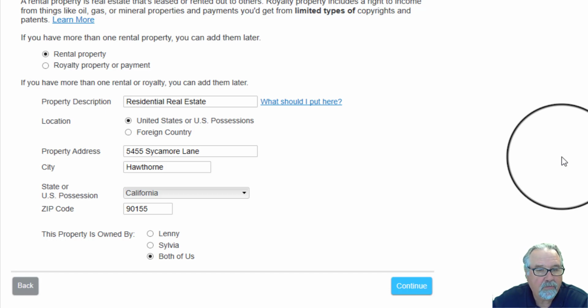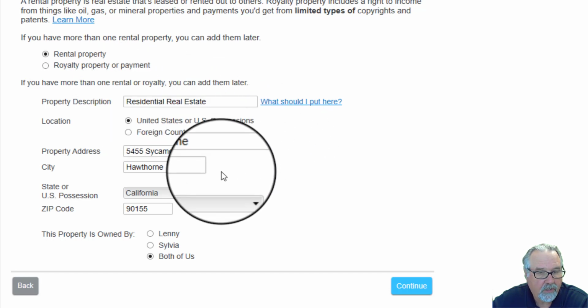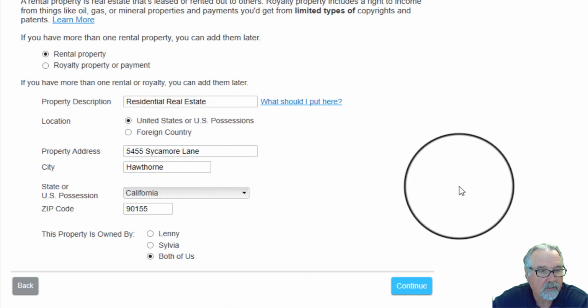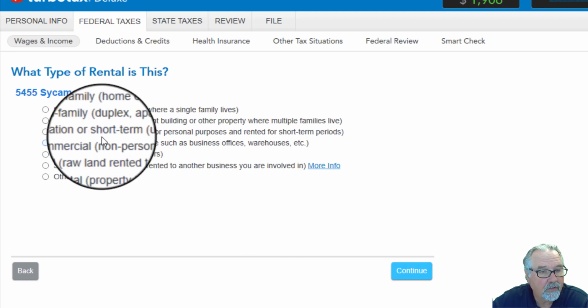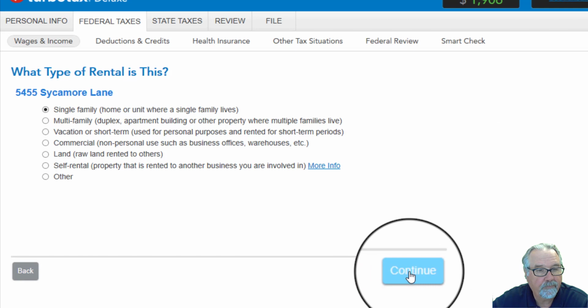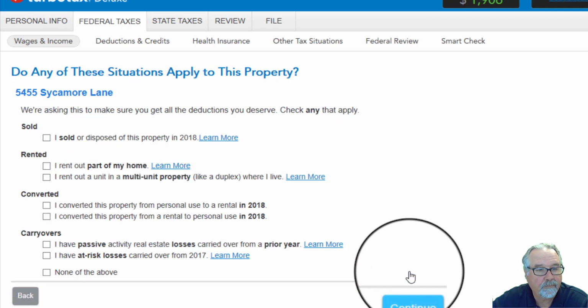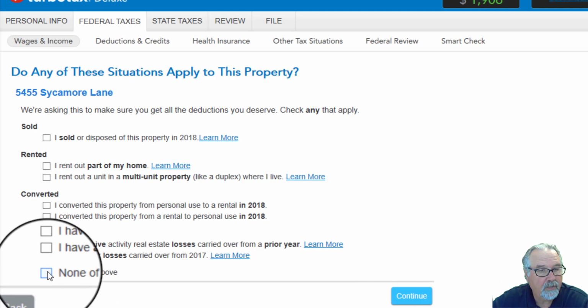So I put in the information for their residential real estate property with the address, and I clicked Both of Us. What type of rental is this? Single family. None of these apply.